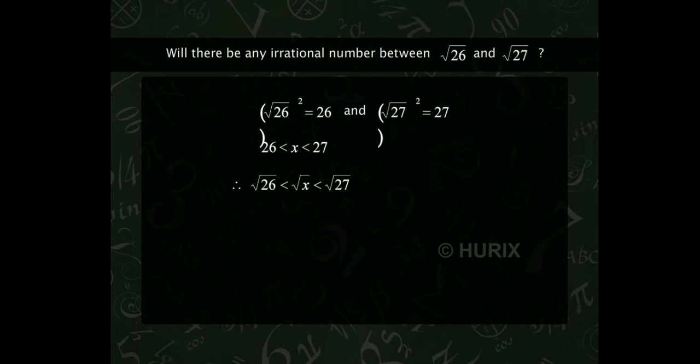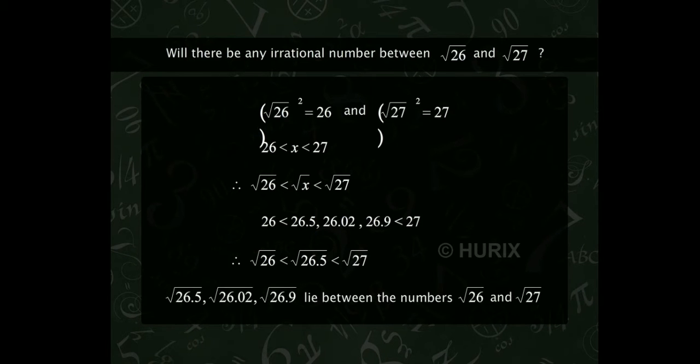Some numbers that lie between 26 and 27 are 26.5, 26.02, and 26.9. Some irrational numbers lying between the square root of 26 and the square root of 27.